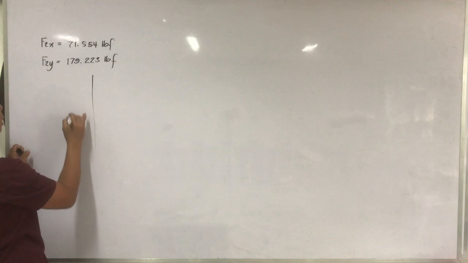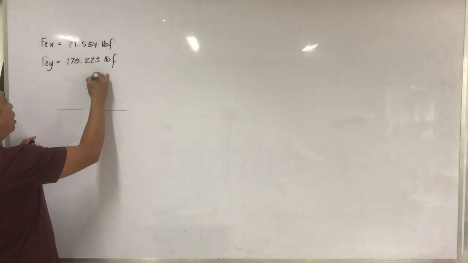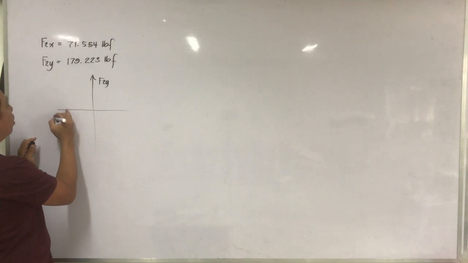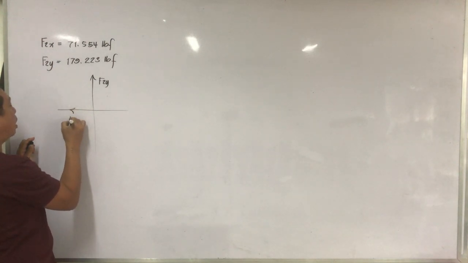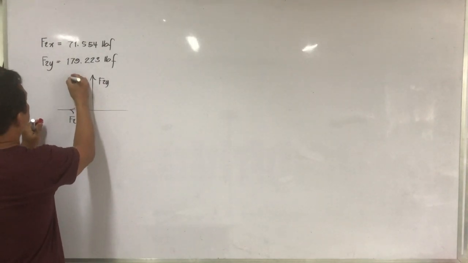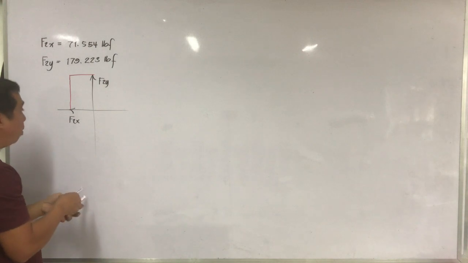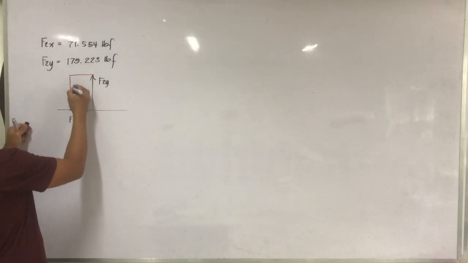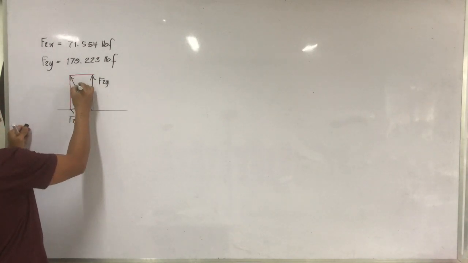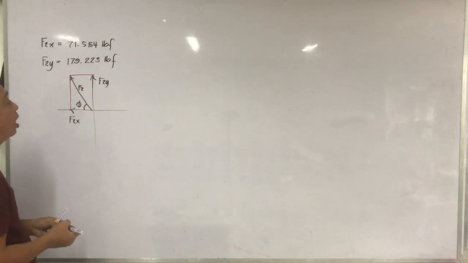Pag piniplot natin sa Cartesian plane, ibig sabihin, yung ating F2y, ito ang kanyang projection at saka ito naman ang F2x. Na kung gagawa natin yan ng parallelogram, lalabas na ito yung mismo F2 at ang na-generate na angle na phi.